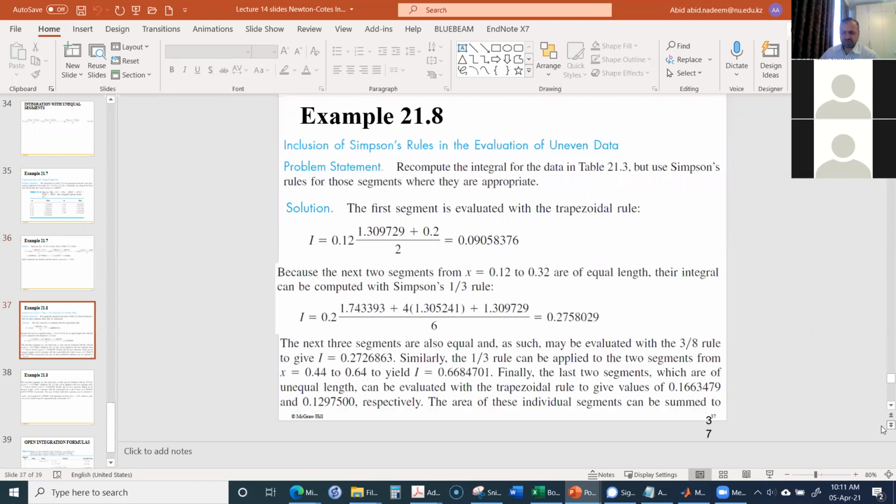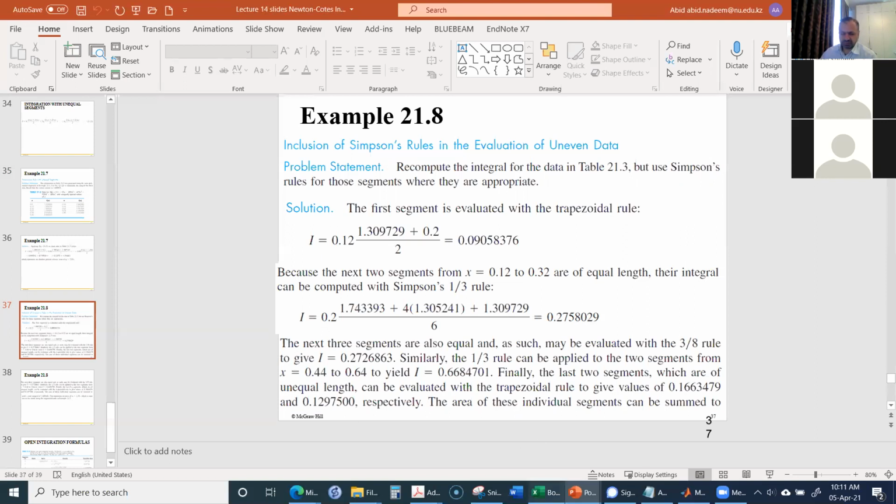A further inspection of this data shows that not every segment is unequal. Some of the adjacent segments are equal as well.